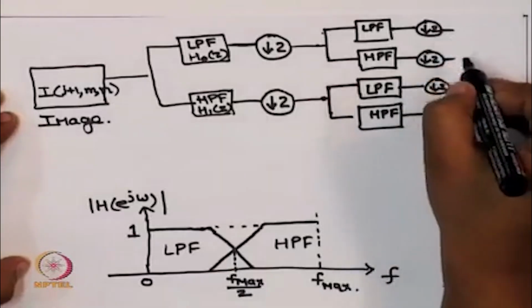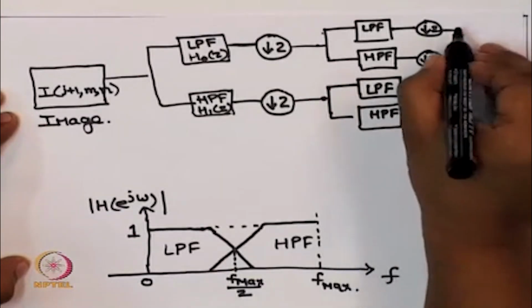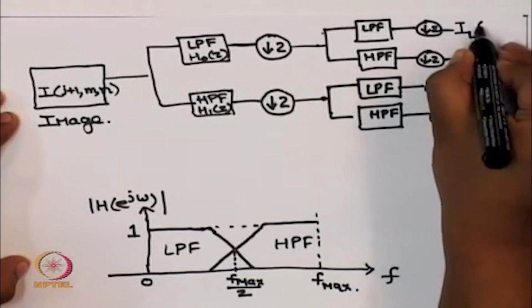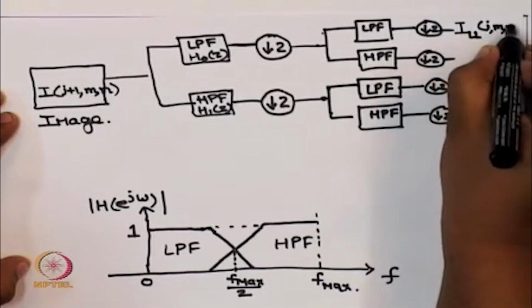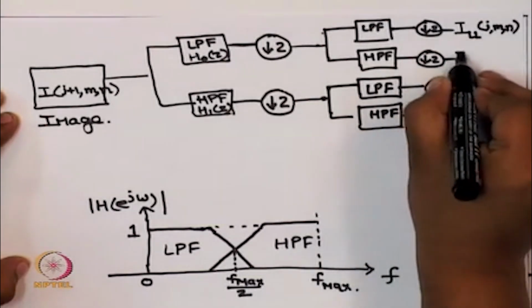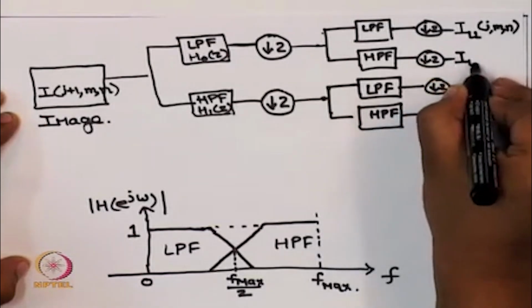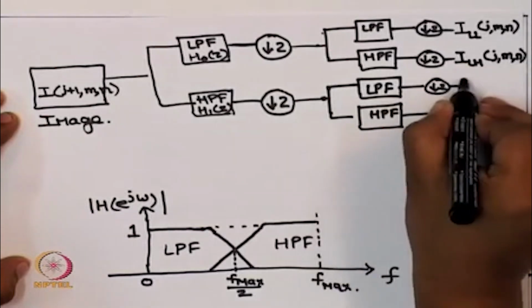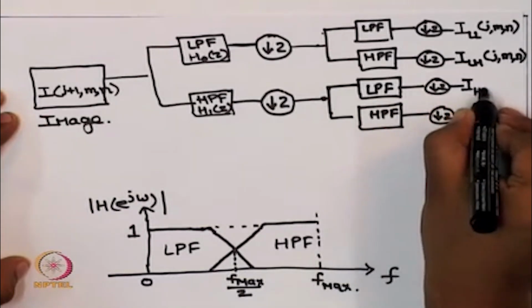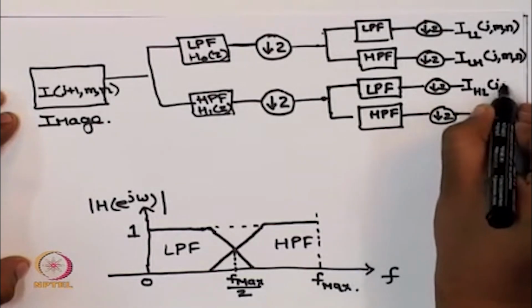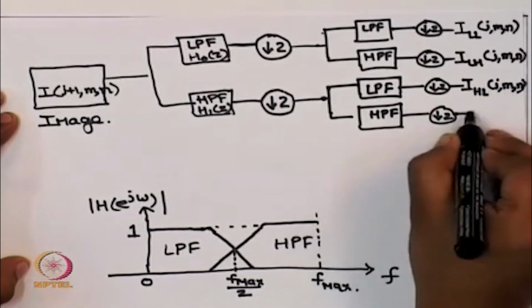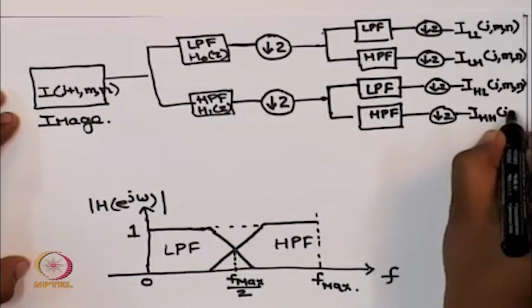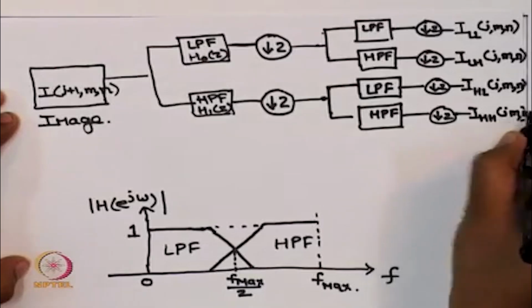At the output of these filters, we obtain subbands I_LL_j(m, n), I_LH_j(m, n), I_HL_j(m, n), and I_HH_j(m, n).